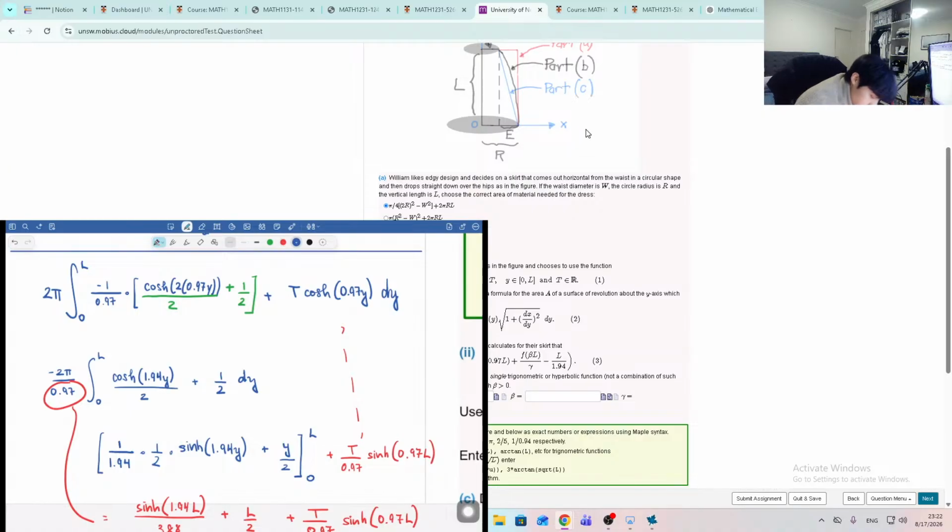This is why we integrate by parts, because it's better this way. Oh yeah, okay.